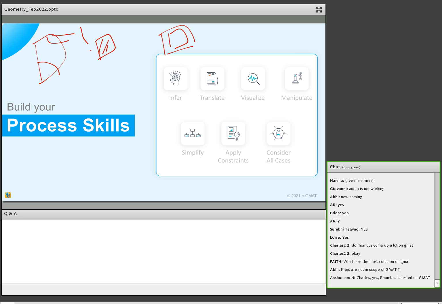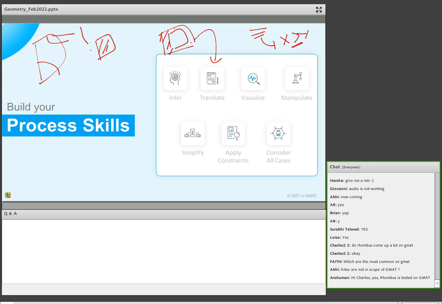You translated those words into a picture that you could understand. That is fundamentally translation. Or in word problems, you're given some sentences, and based on these sentences, you arrive at mathematical relations. That is called translate.